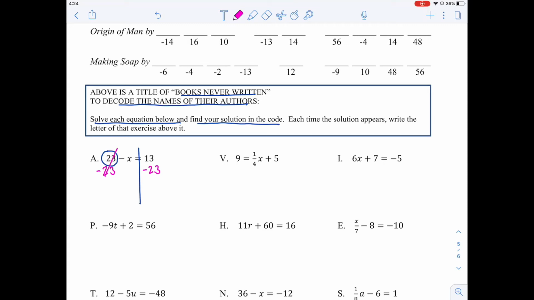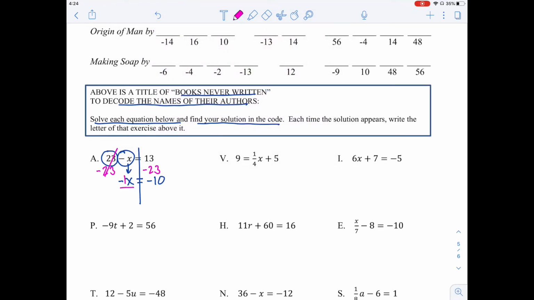So 23 cancels. Then we're going to bring down negative x. Right? We bring down everything. That's a negative x. And then 13 minus 23 is negative 10. Then we have negative x equals negative 10. So we've got to get rid of that negative. We want it to be positive. So we treat this like a 1, right? It's negative 1.